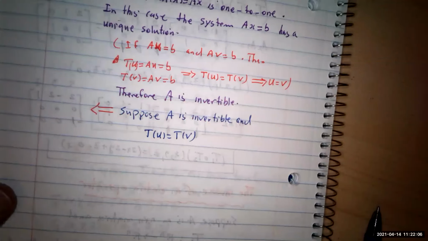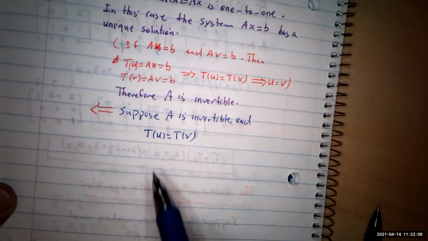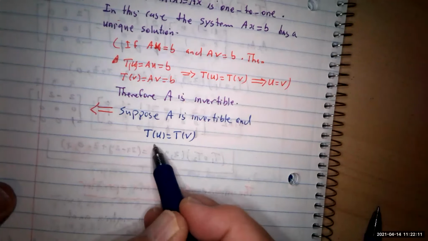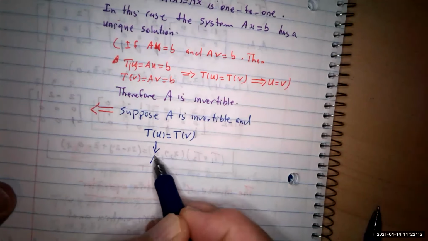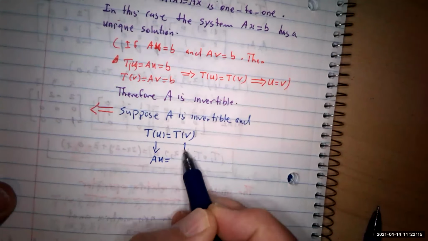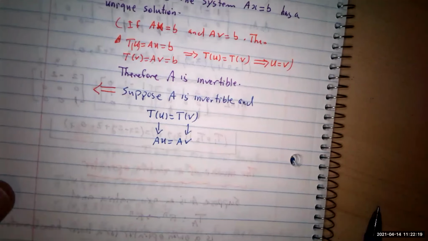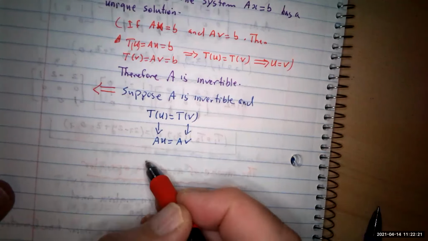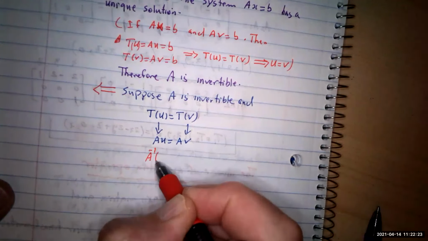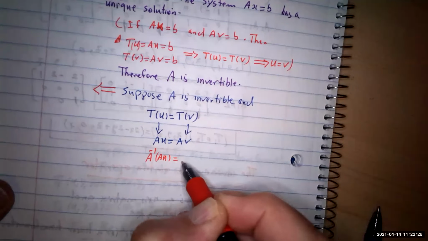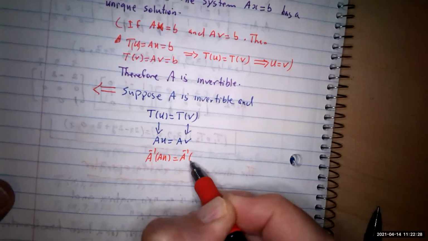You want to prove that u is equal to v. This is the way you do it. So this would be Au, this would be Av. Since A is invertible, multiply both sides by A inverse. A inverse Au is equal to A inverse Av.